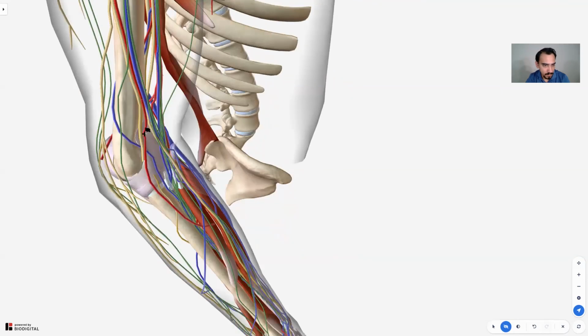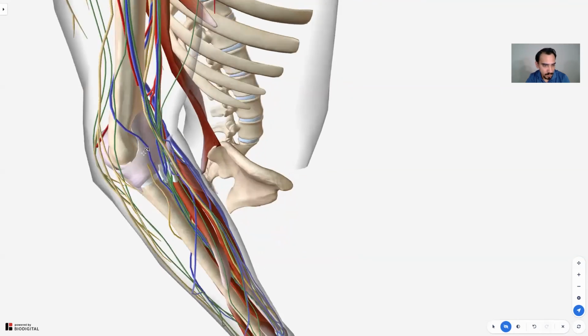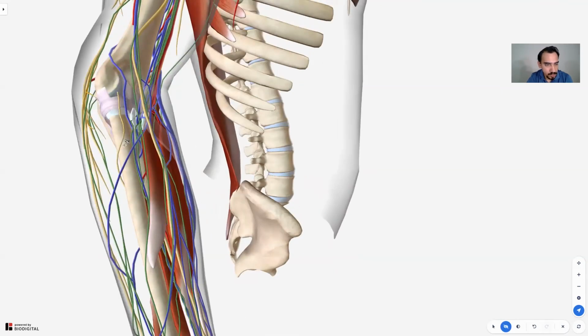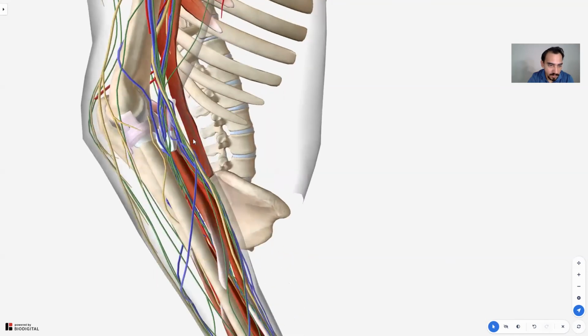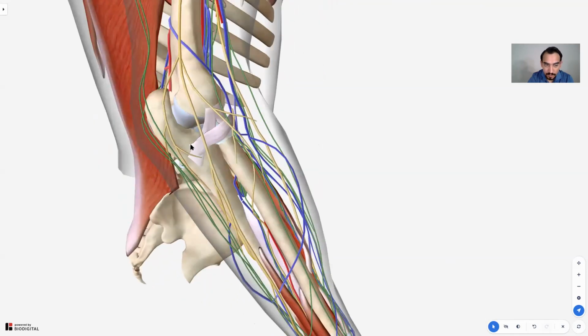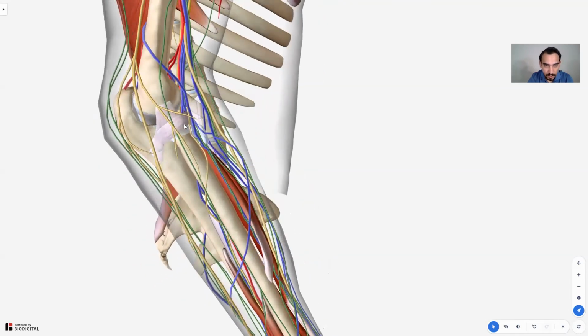Okay. All right. So you guys can see this ligament, coming from ulna actually. Okay. It goes around your radius.